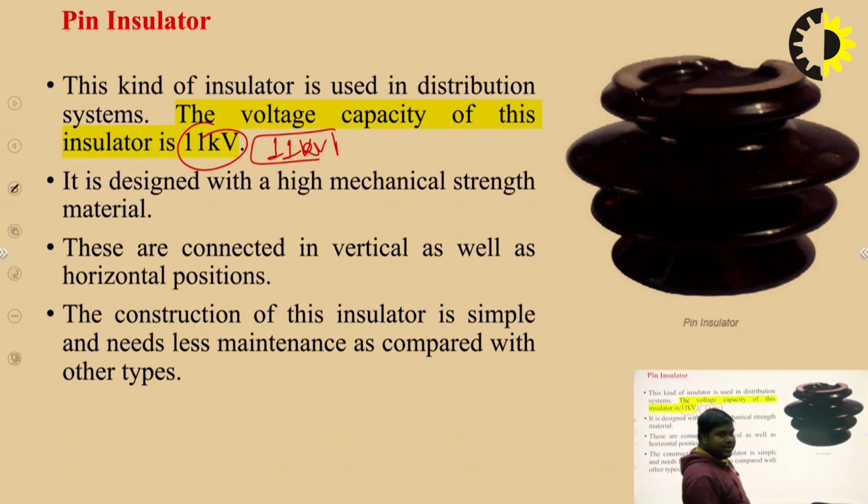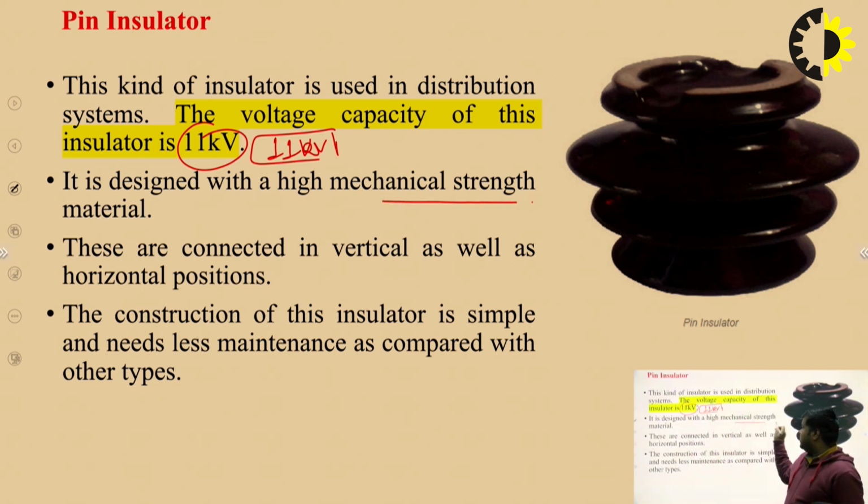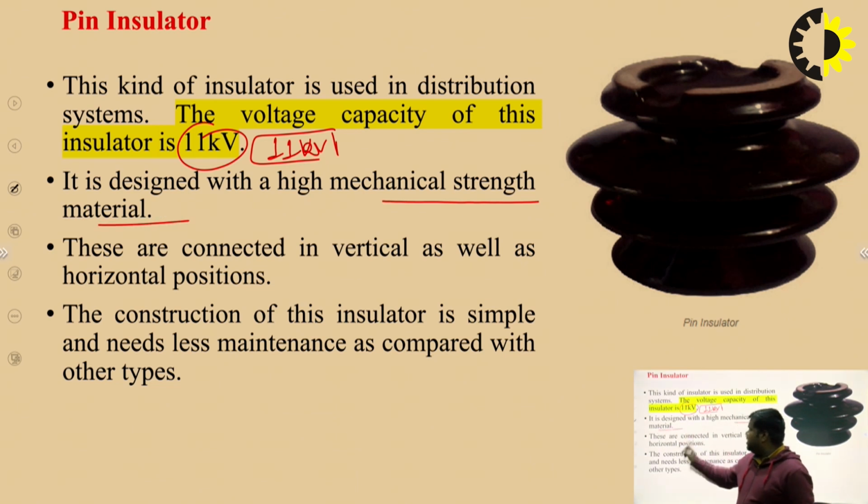It is designed with a high mechanical strength material. These are connected in vertical as well as horizontal positions. So this is the feature.